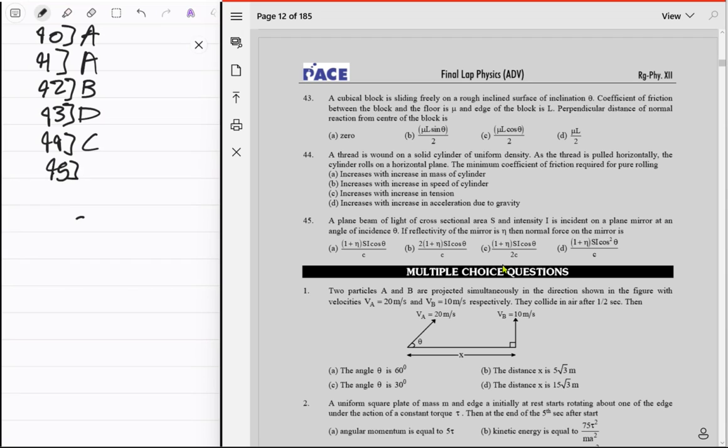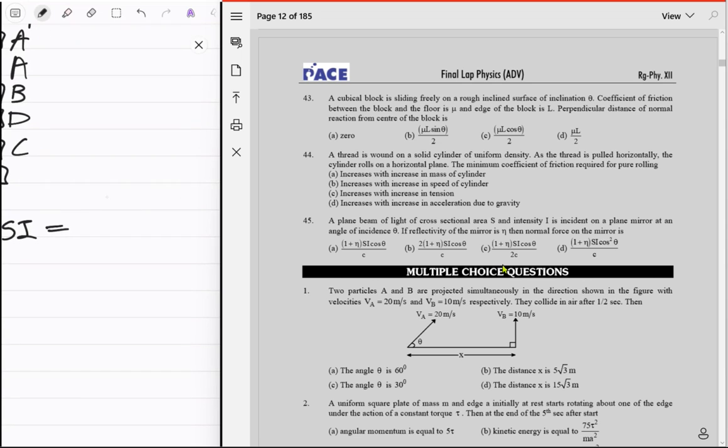So S times I is the energy. But actually not just the energy you want. This is energy per second, which is also just h times the frequency, or hc upon lambda if you want. But wait a second, isn't h upon lambda just momentum?